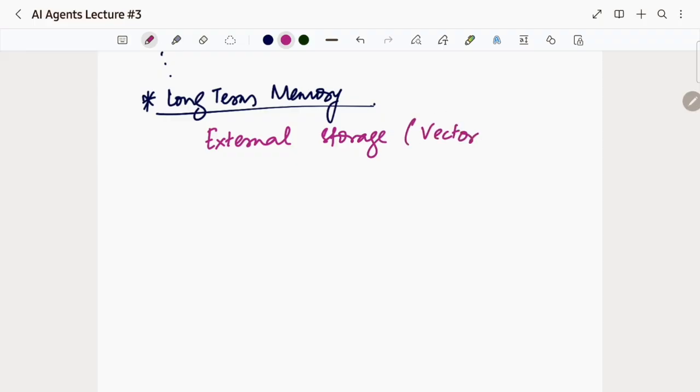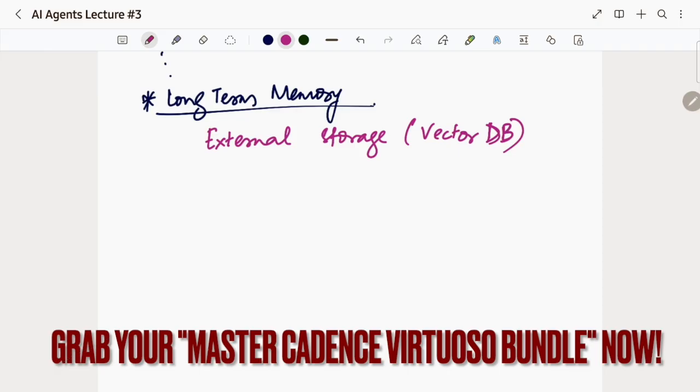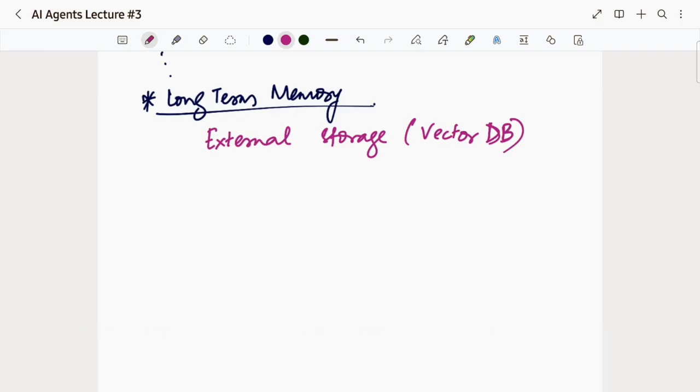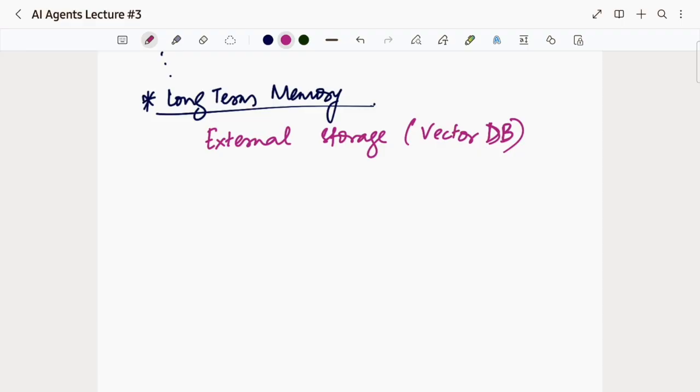And by that, I'm not talking about any hard drive or pen drive. We are talking about vector DB. This is a separate topic, so just continue with me for this class. When we get to vector DB, you will understand what we mean. For the time being, just understand that this is a sort of database.